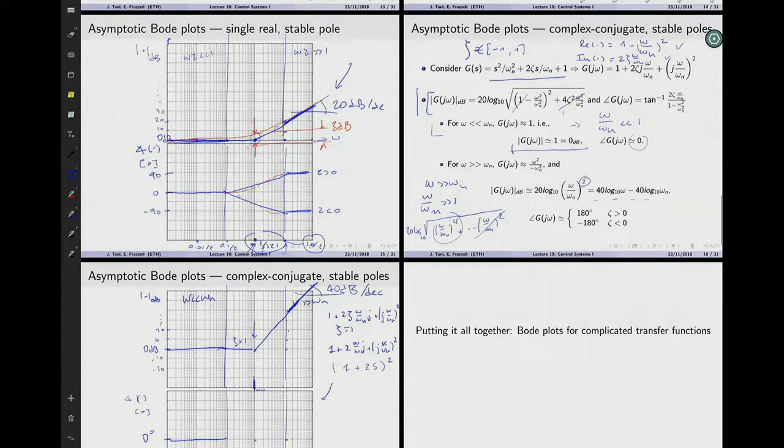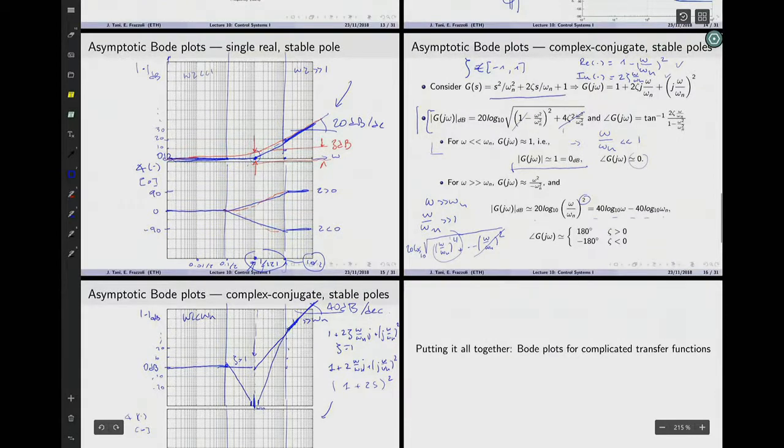What does it mean? It means that in case of zeta equal to 0, we can show that the behavior in the region in which the approximations don't hold can be approximated like this. This is zeta equal to 0, where at the exact value of the natural frequency, there is an infinite response. This is resonance.